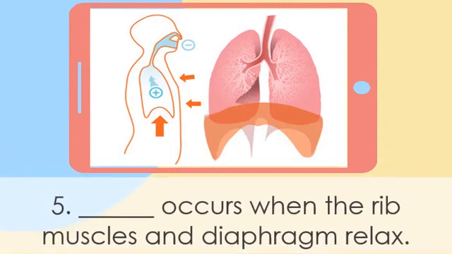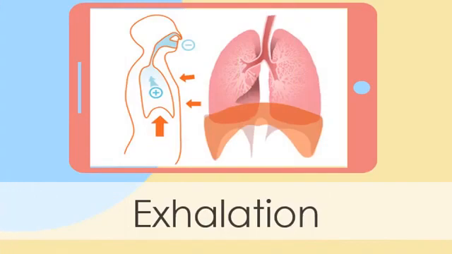Number 5. Blank occurs when the rib muscles and diaphragm relax. Again, let's read number 5. Blank occurs when the rib muscles and diaphragm relax. The answer is exhalation. Again, exhalation.